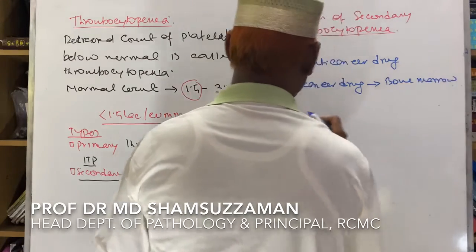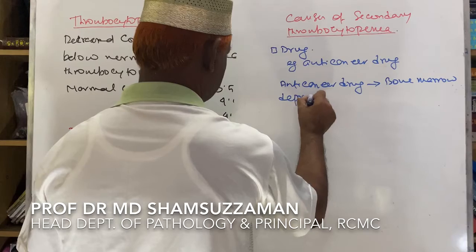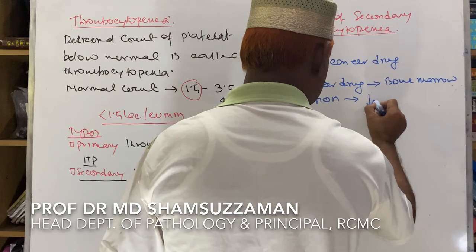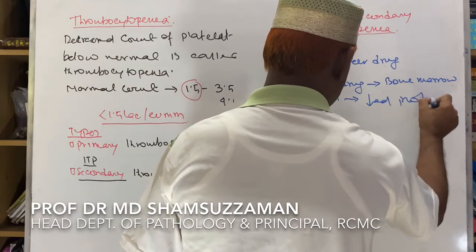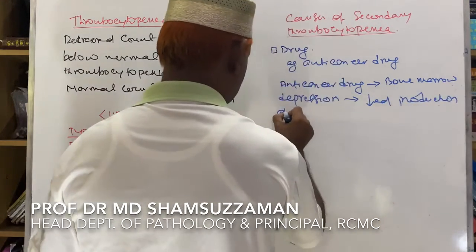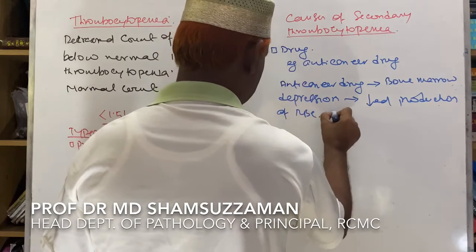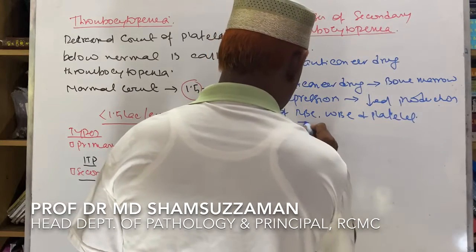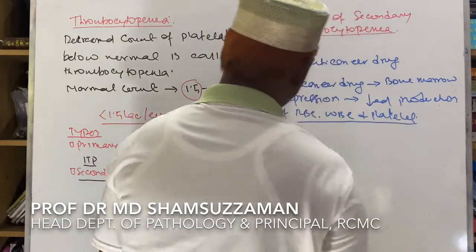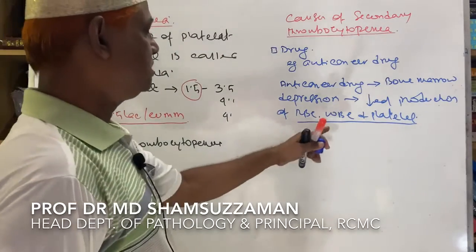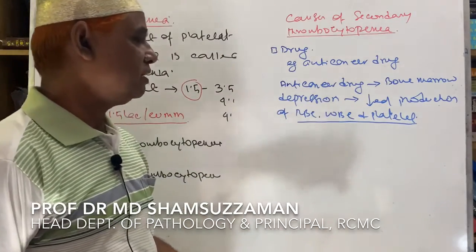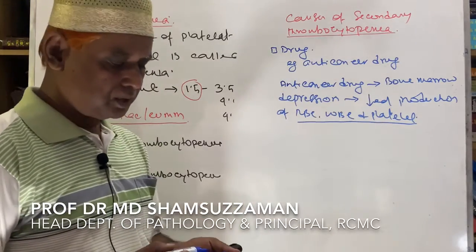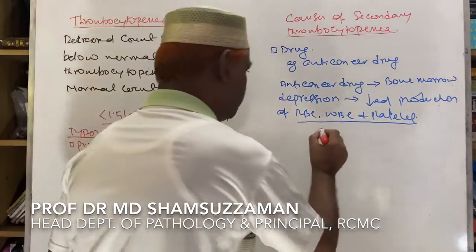As a result of bone marrow depression, there will be decreased production of RBC, WBC and platelets. Decreased RBC leads to anemia, decreased WBC leads to leukopenia, and decreased platelet is known as thrombocytopenia. So anemia, leukopenia and thrombocytopenia together are called pancytopenia.